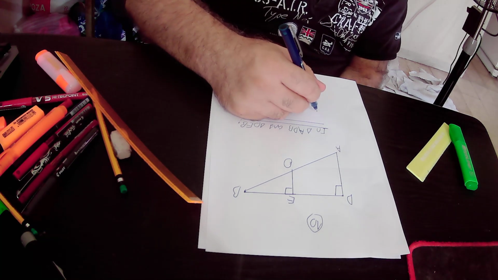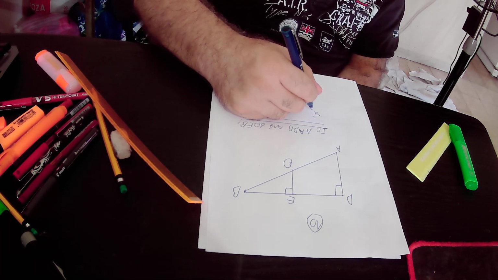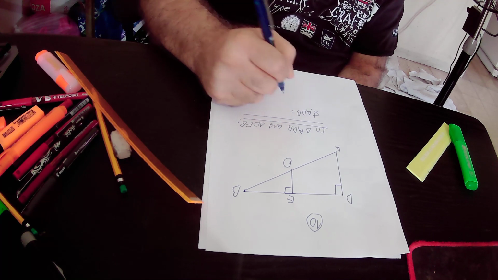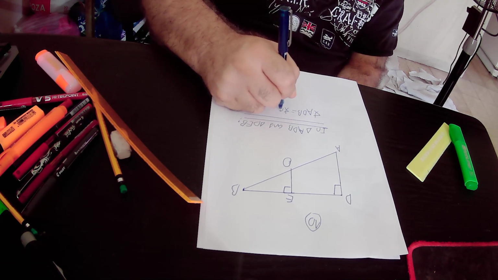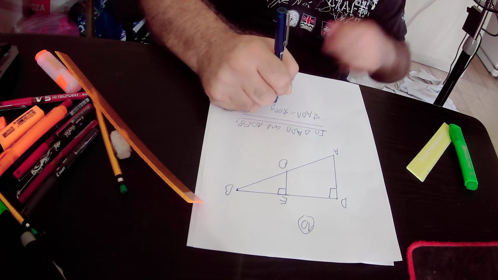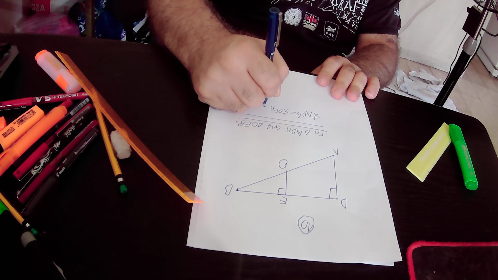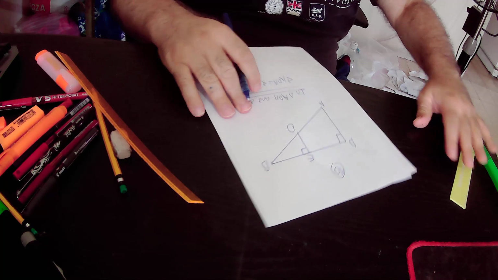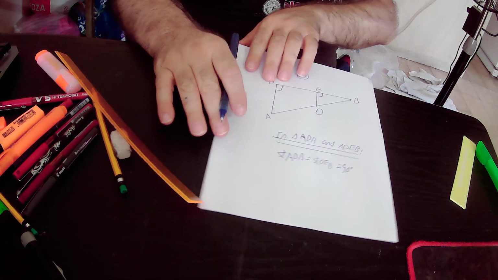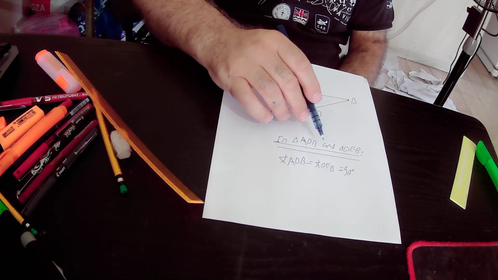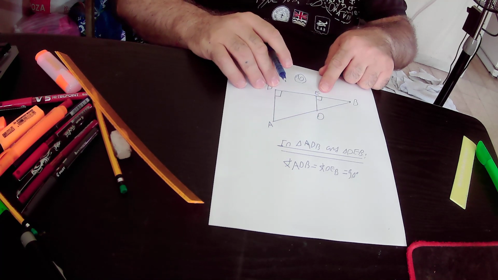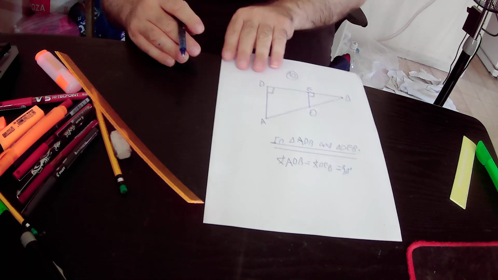So angle ADB equals angle OEB, both those two angles are equal to 90 degrees. Okay, angle ADB equals angle OEB. Both of those two angles are right angles, they are equal to 90 degrees.